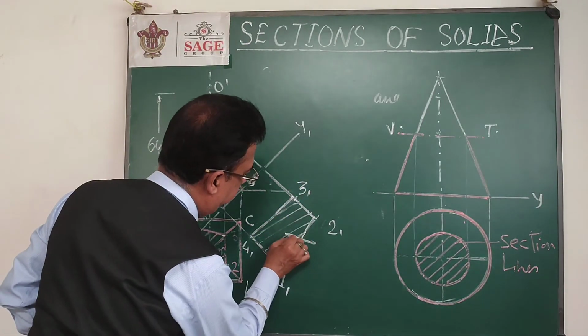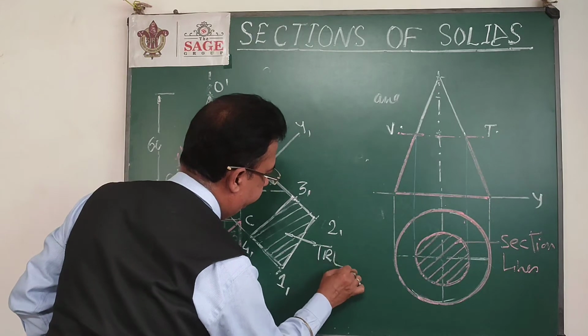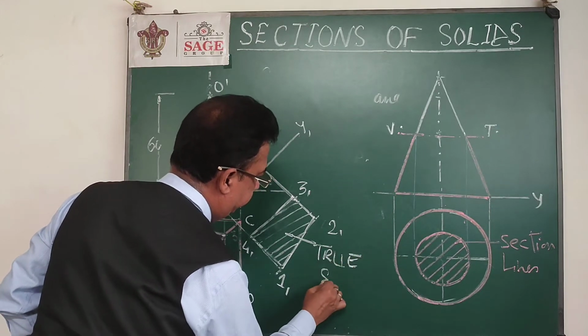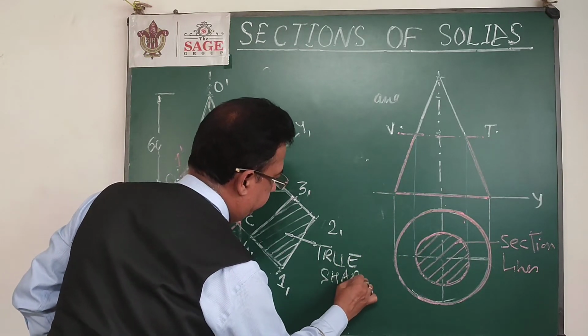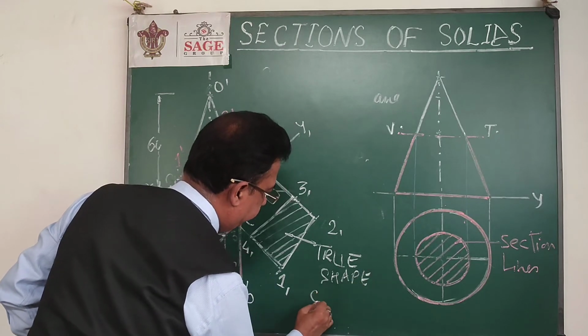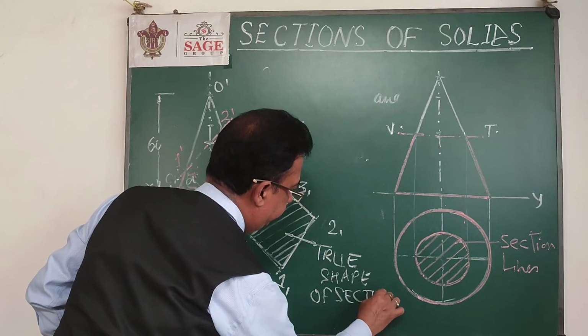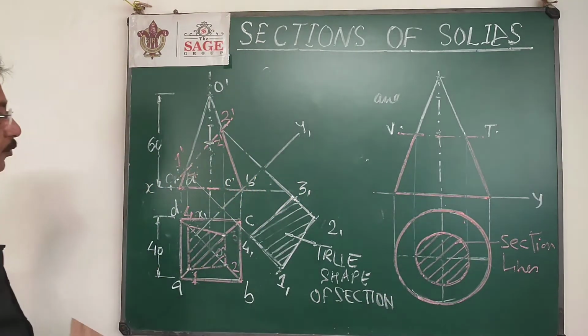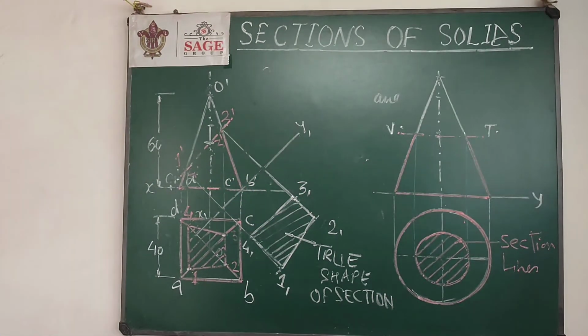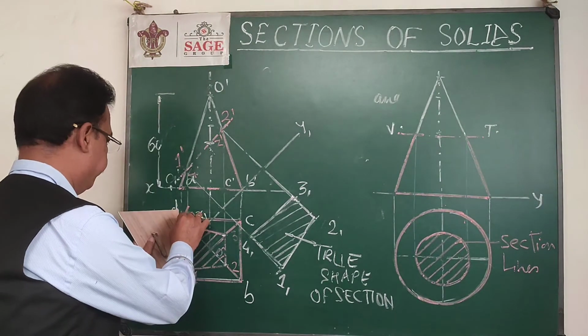So this will be the true shape of the section. As the earlier shape is not the true shape, that will actually be known as the apparent section.